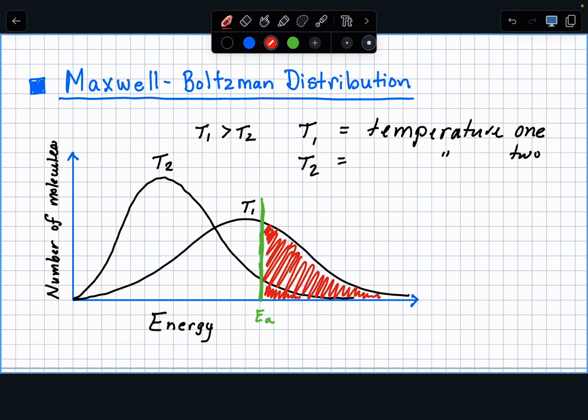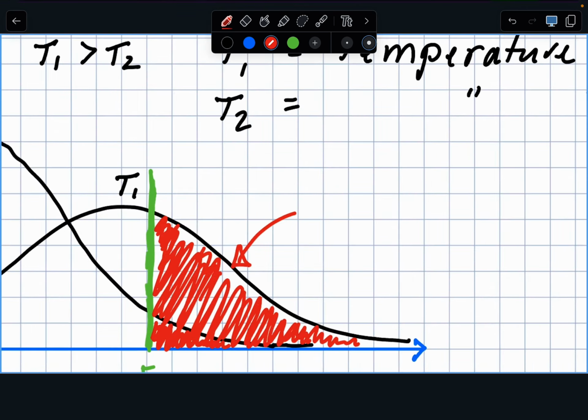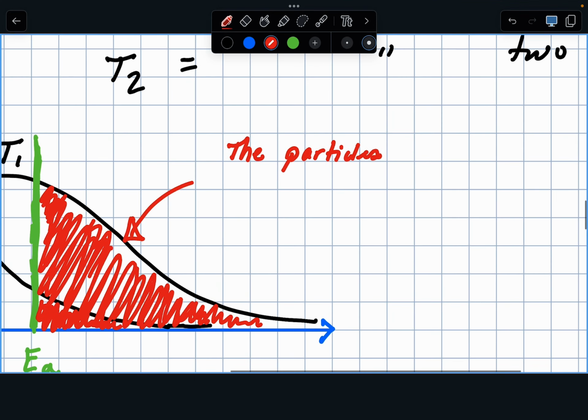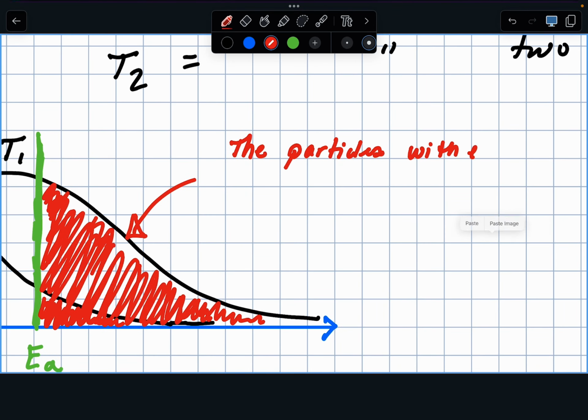So at higher temperatures, I'll give you a little summary of this. At higher temperatures, there's more particles with sufficient energy to react. So I'm just going to write that on the side here: what this area represents, at either temperature, the low temperature, which was this small amount, or the higher temperature, which is this much larger amount, is the particles, or the number of particles, with energy greater than the activation energy.